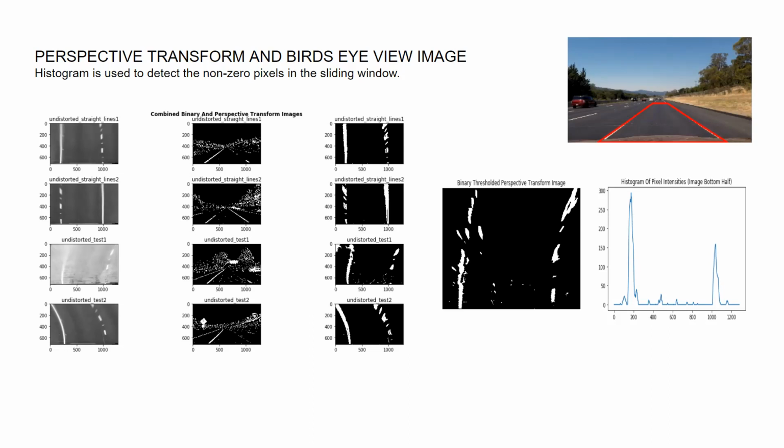The first step is to find the region of interest. Here again we use a quadrilateral to extract the region of interest by manually examining and giving the vertices of the quadrilateral, and then these vertices are fed into the get perspective transform function, which transforms the image into its bird's eye view image.